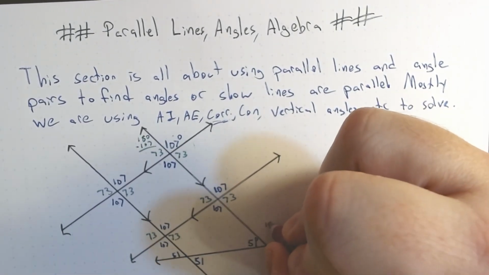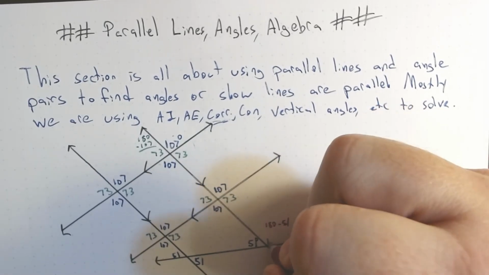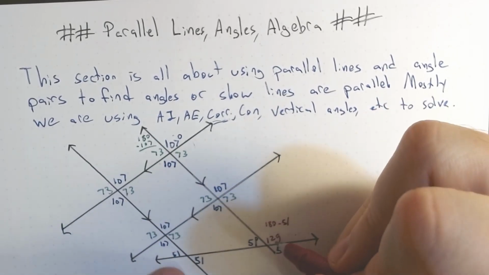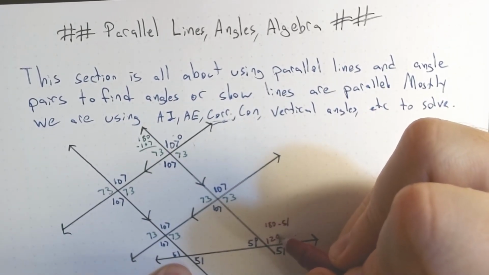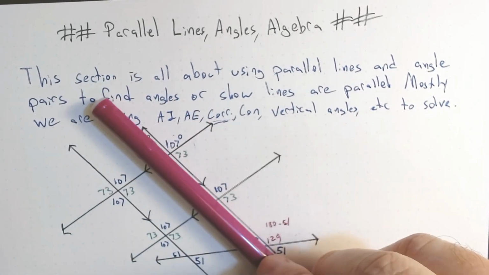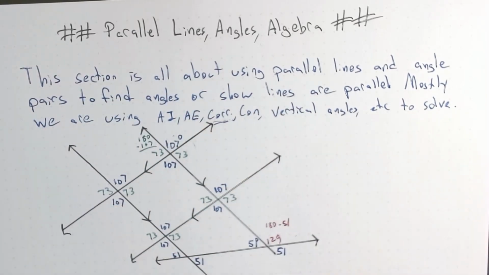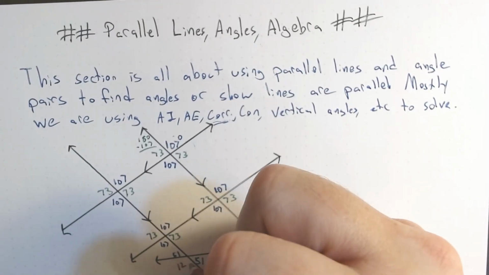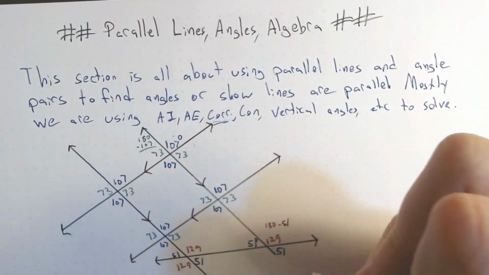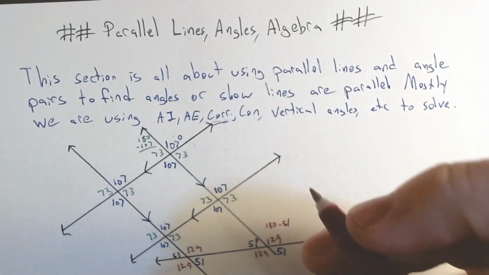So 180 minus 51 gives you 129. These two are alternate exterior because they're on the outside of these two parallel lines, and they're on opposite sides. So this is 129, this is 129, vertical 129, vertical 129.